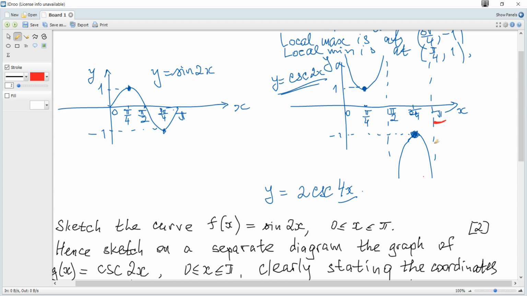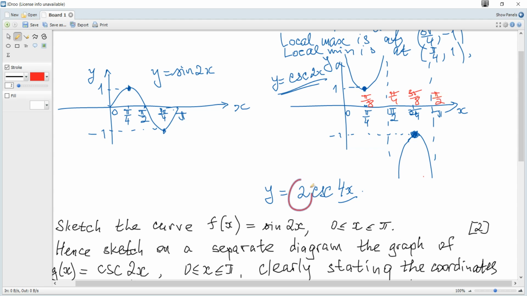But since we need up to pi over 2, and since it's contraction by factor of 2, this point becomes pi over 2, it becomes 3 pi over 8, pi over 4, pi over 8. Let me write here. So it becomes pi over 8, pi over 4, 3 pi over 8, and pi over 2.